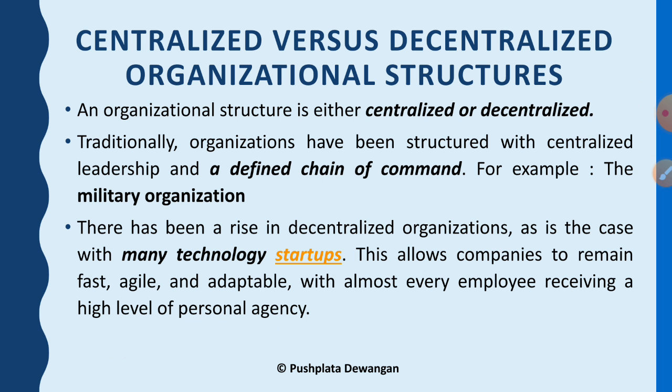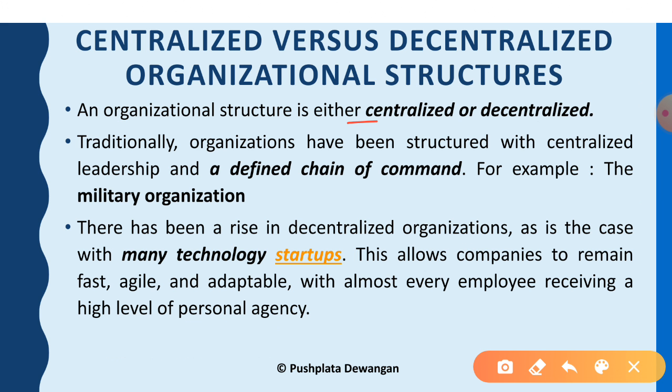An organizational structure can be either centralized or decentralized. A centralized structure means that the leadership has a defined chain of command. For example, the military is famous for its highly centralized structure with a long and specific hierarchy of superiors and subordinates.